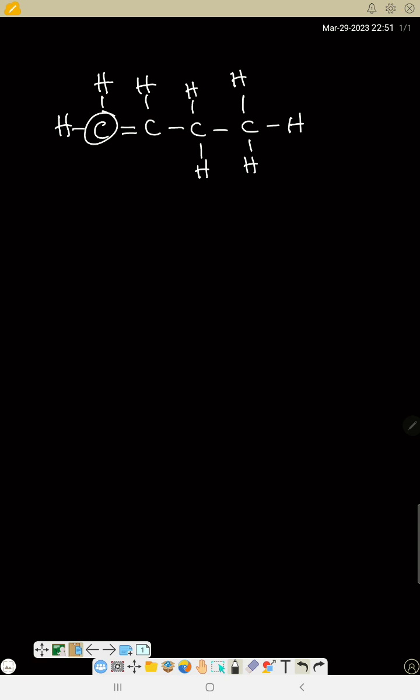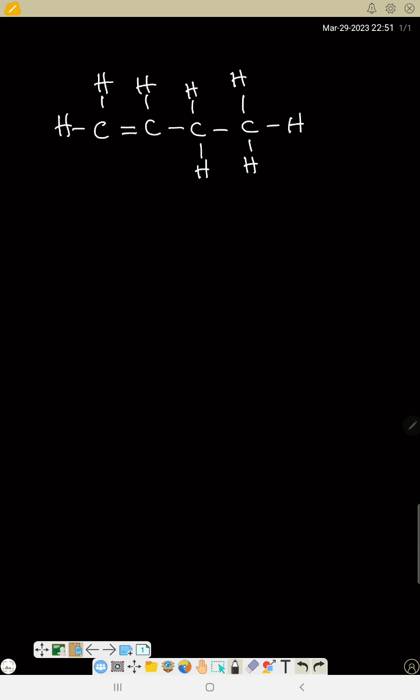This is carbon. I have 2 bonds here, 3, 4. It's correct because carbons must have 4 bonds. This is 2 again, 3, 4. It's also correct. 1, 2, 3, 4. Correct. 1, 2, 3, 4. Correct. And each hydrogen has 1 bond, which is also correct. So this structure is correct.